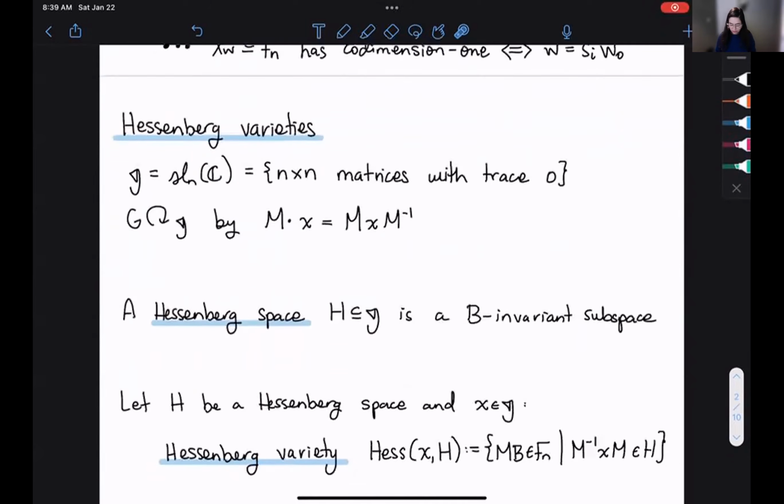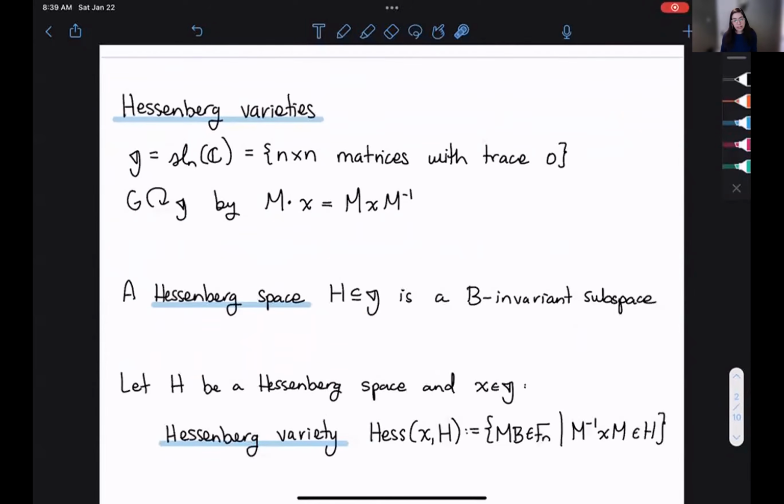Using this, we can define a Hessenberg variety. What is the data for that? You start with a Hessenberg space H and a matrix X in sl_n, and you obtain a Hessenberg variety as follows. It consists of the cosets gB such that g^{-1}Xg is in H.